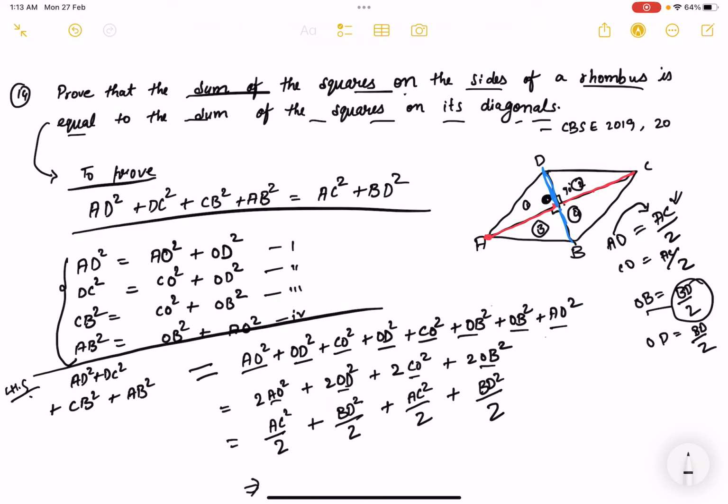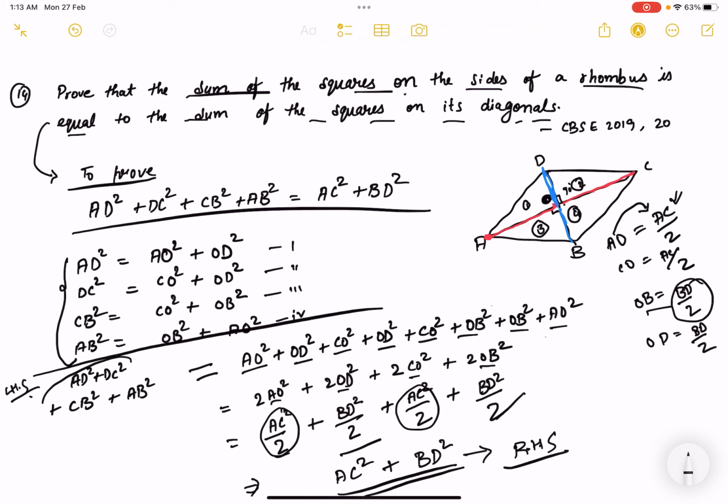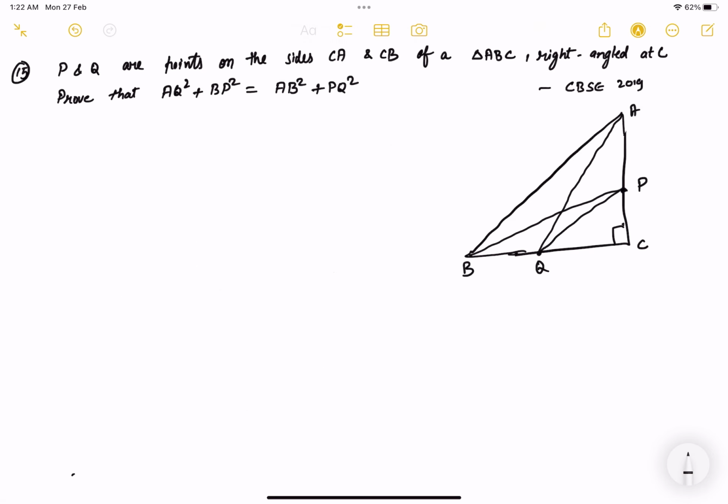Which will finally add up to AC square plus BD square. So this is our RHS and this is our LHS. Hence we have proved our final result.